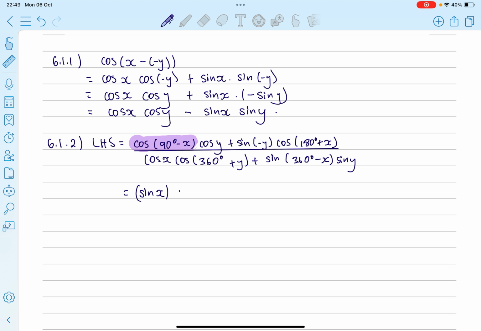And then cos y is just cos y plus sine negative y. We know this is now in the fourth quadrant, so that becomes negative sine y. And then lastly, cos 180 plus x is in the third quadrant, and only tan is positive there, so this becomes a negative cos.